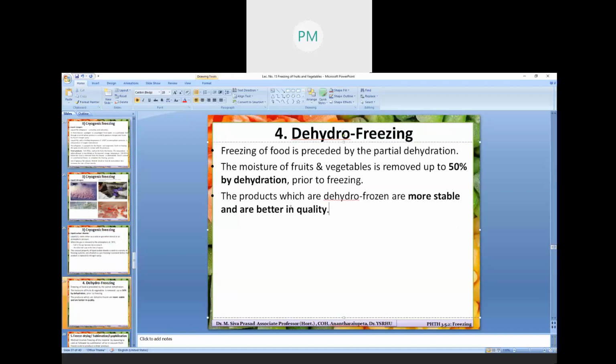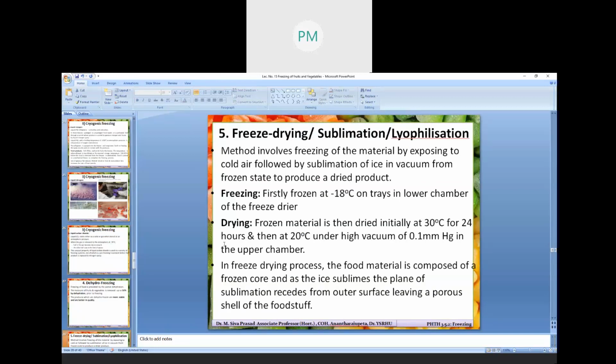This is dehydro-freezing. And the next method is freeze drying, also called sublimation or lyophilization. These are the other names for this method, wherein you initially freeze the produce and then dry it.